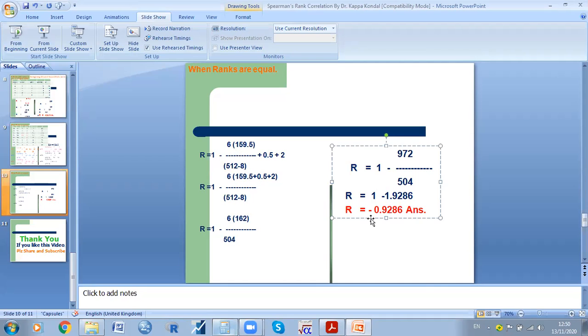The answer is minus 0.9286, so we can conclude that there is a negative autocorrelation between the two subjects' marks.